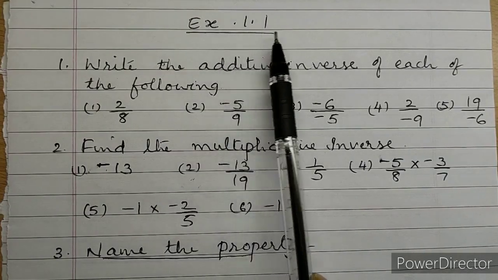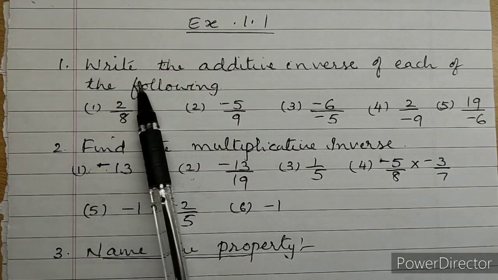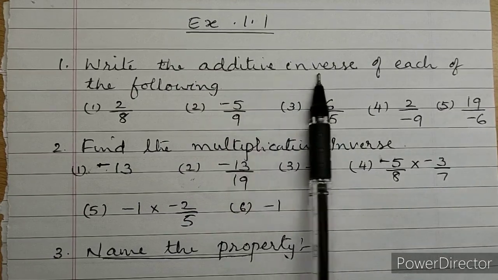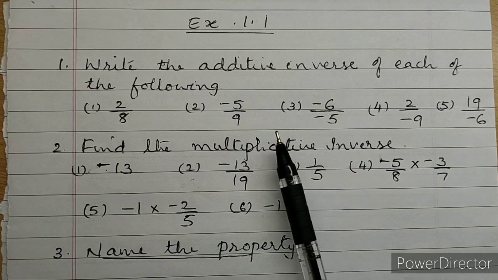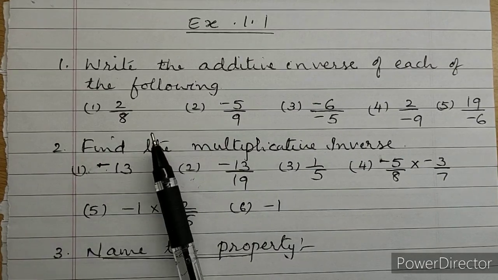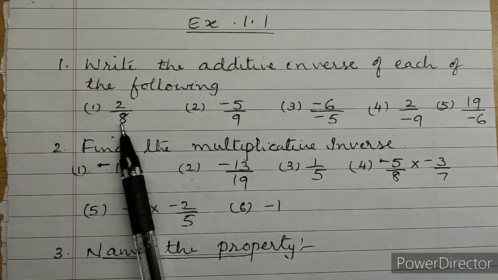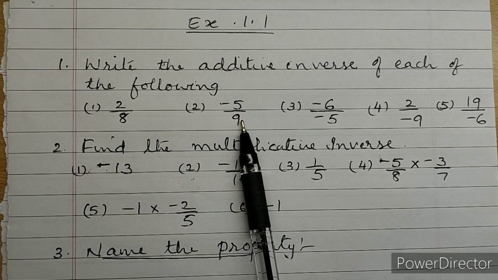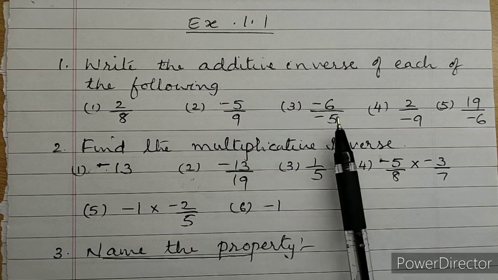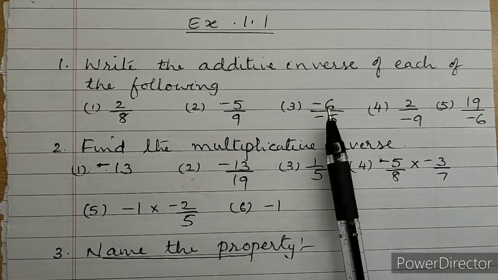Now exercise 1.1. First one, write the additive inverse of each of the following. Additive inverse means you have to change the sign. Only the sign you have to change. You should not change the number. So 2 by 8 will become minus 2 by 8. Minus 5 by 9 will become 5 by 9. This is negative by negative.